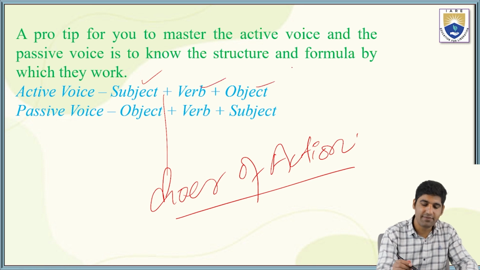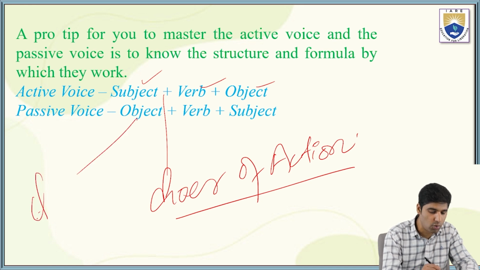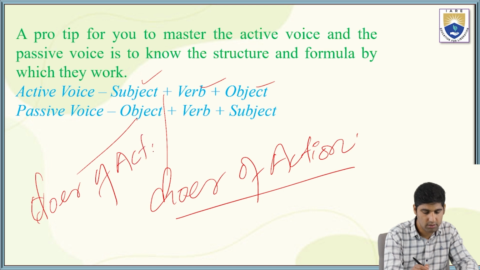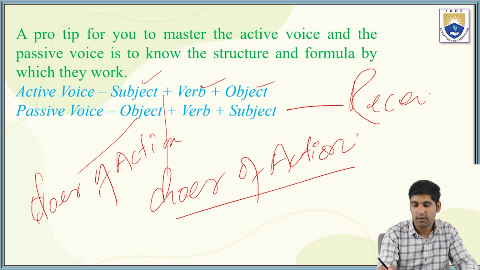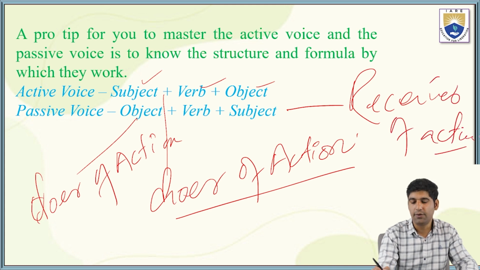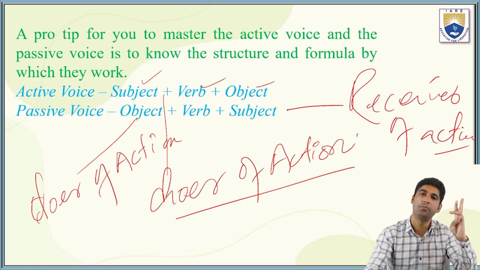Then we have verb, then we have object. Object receives the action. Here in the passive voice, it is the object who is the doer of action, and the subject becomes the receiver of action. So for active voice, it's subject which comes first, then verb, then object.